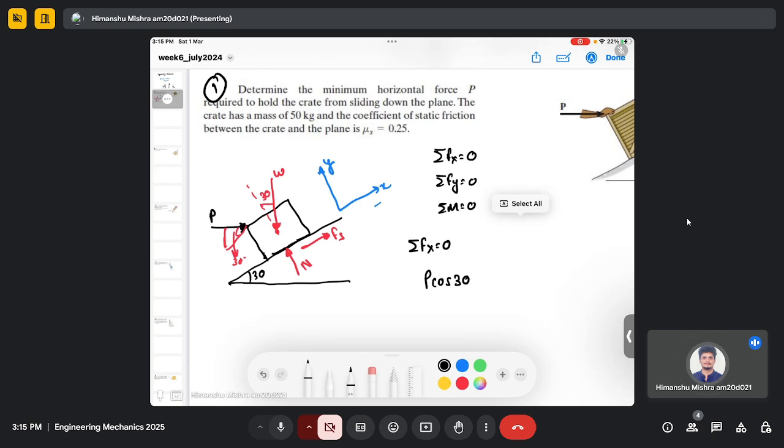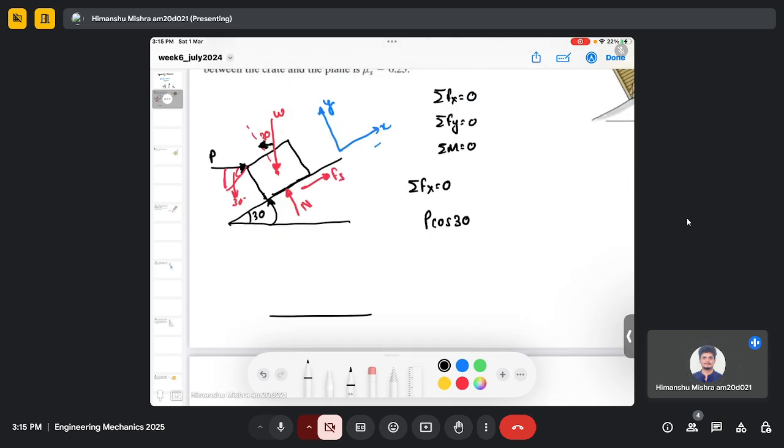No, it should be 30, right? Because when you increase this incline, there will be a rotation here also, so it will be at 30, not 60. Imagine the situation where this axis and the weight are coinciding with each other.